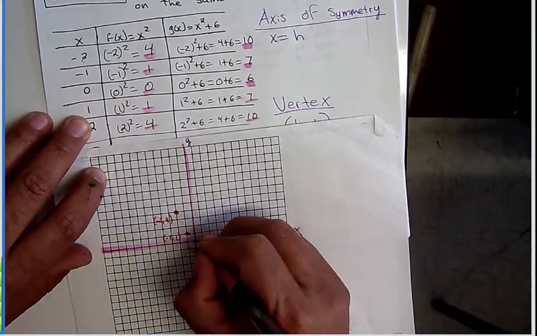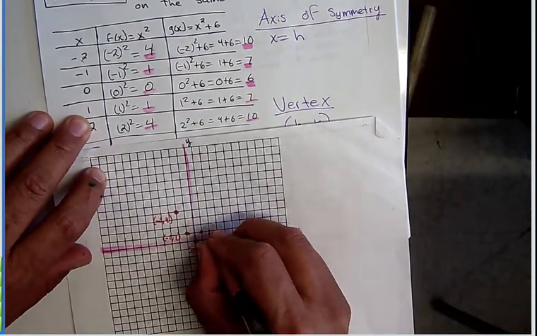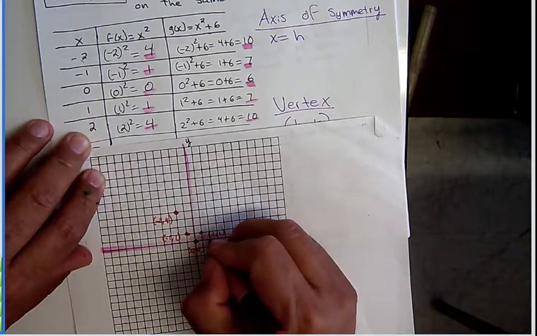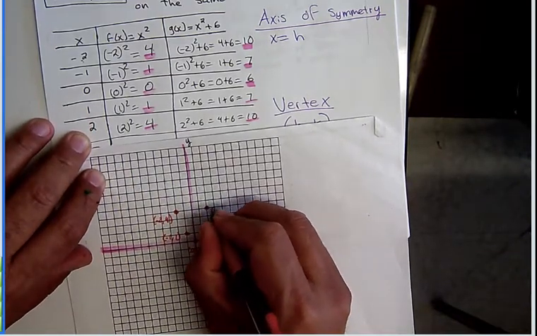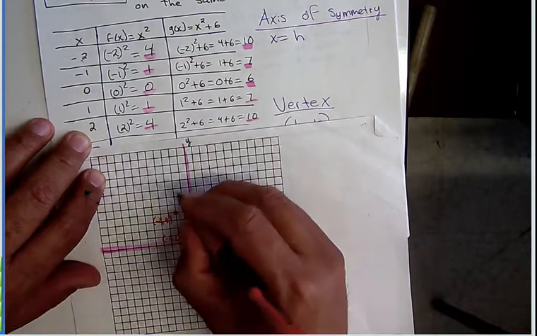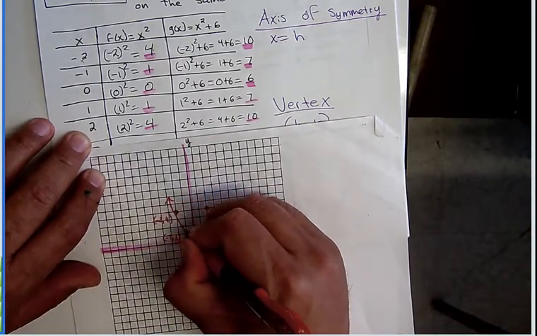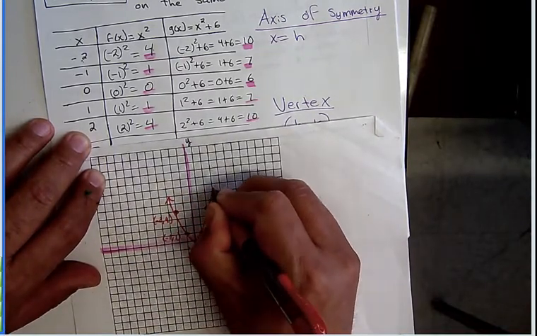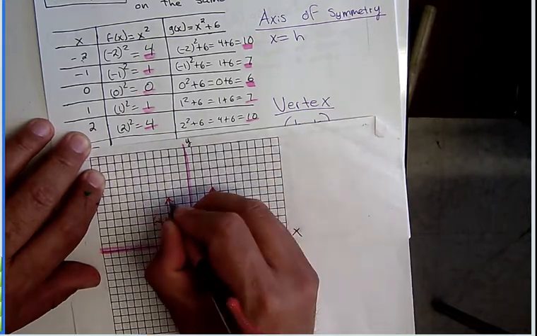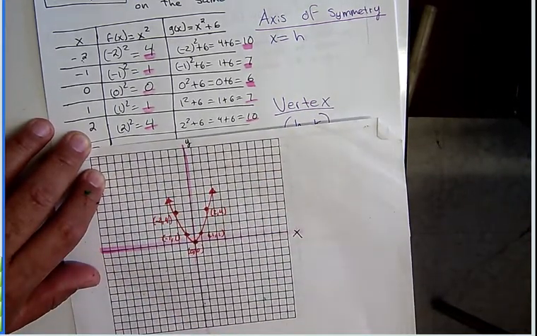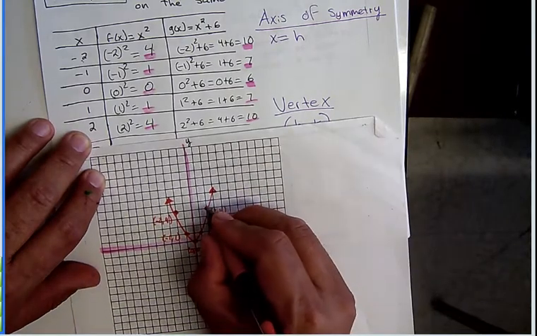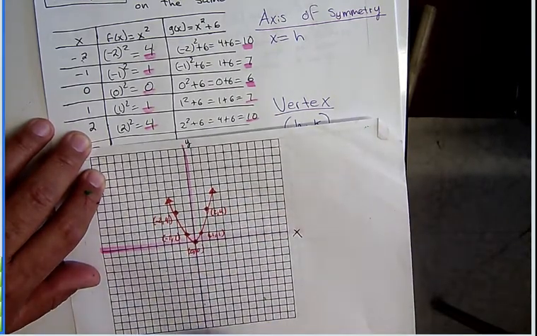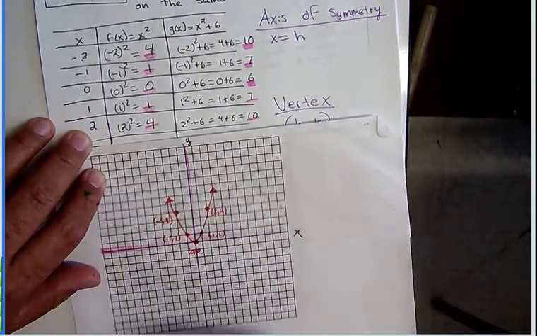And then 1, 1, and 2, 4. This is 2, 4. So that's the parent function.